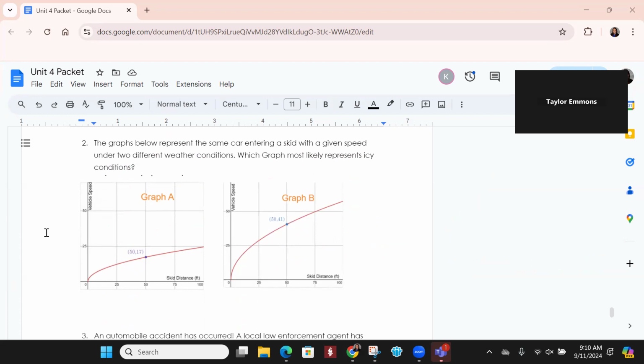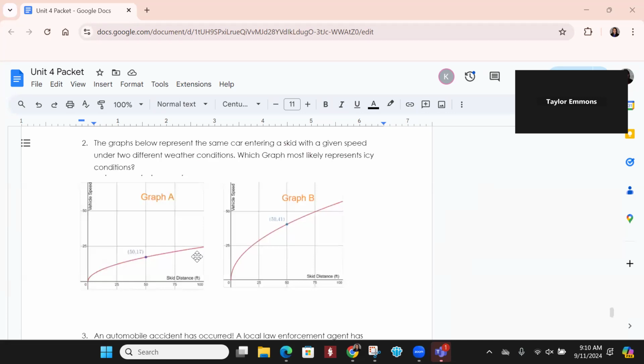Okay, so as we increase our speed on this one, the distance expands, right? We only get up to about 25 miles per hour. Think about it.